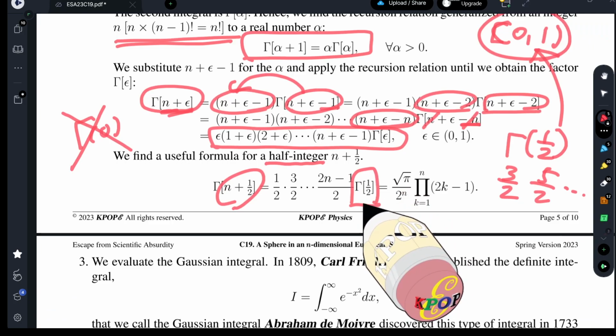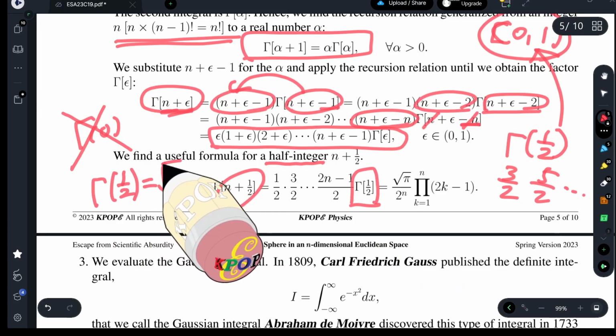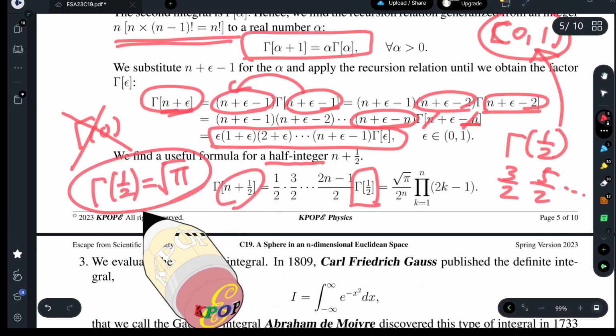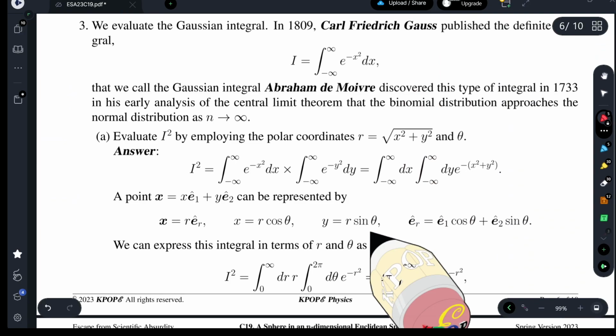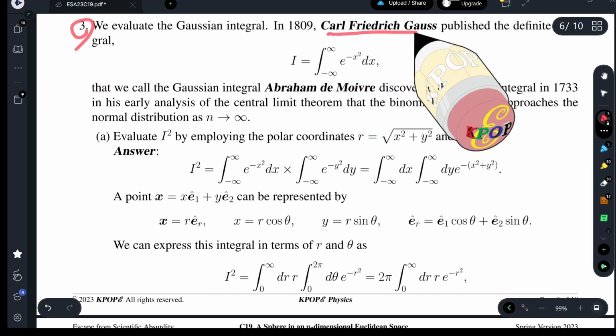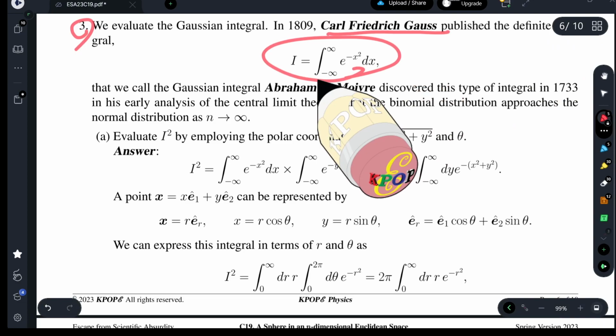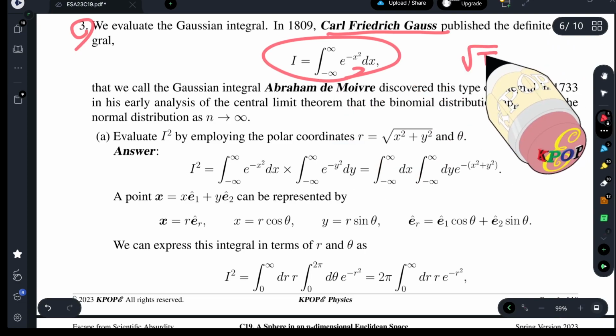We'd like to know how to evaluate this gamma function. This one is straightforward if you can solve this problem 3. Gauss published a definite integral for this, and its value is the square root of pi.